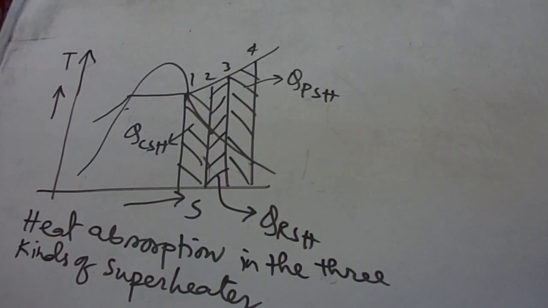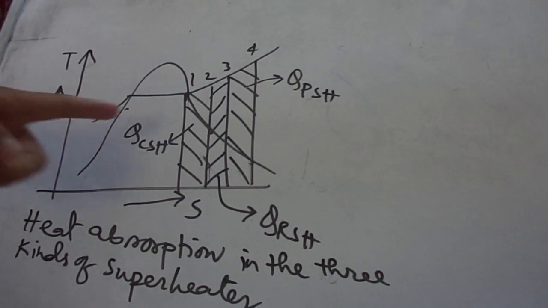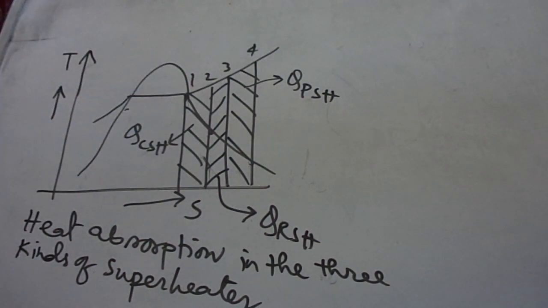Heat absorption, energy balance. First one, after the convective superheater, CSH, the steam proceeds to the radiant superheater, RSH, which is placed in the radiant zone of the furnace near the water wall to absorb heat by radiation.